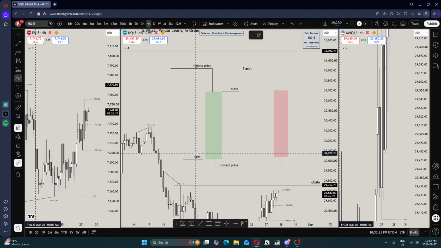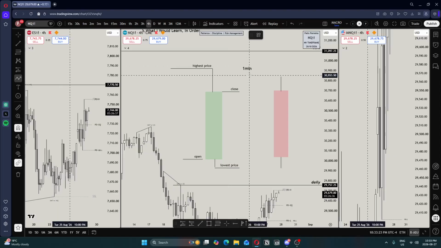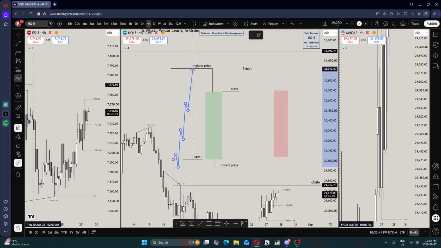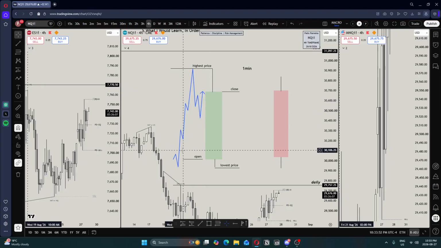If I was to draw it out in the span of 1 minute, this is pretty much what price did based off of this example right here. Price opens, let's say it does this, works lower, up higher, like that. Maybe it comes back down a bit, and then boom. Assume this is a 1 minute period of time.